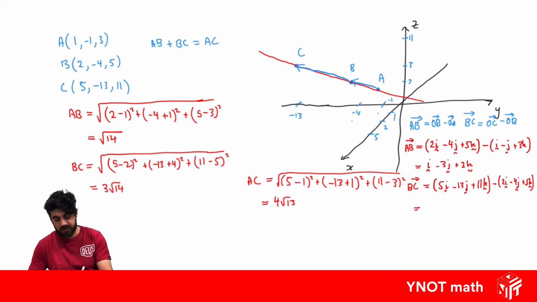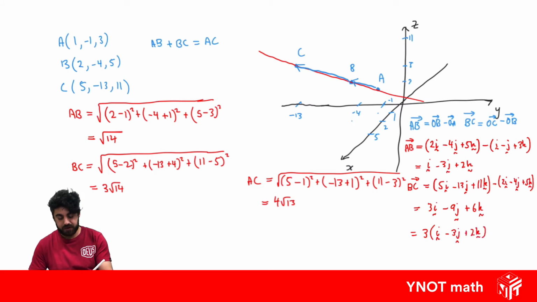And doing this subtraction, we're going to get 5i minus 2i, which is 3i, minus 13j minus minus 4j is going to give us minus 9j, and 11k minus 5k is going to give us 6k. And here we can factorize out a 3. So when we do that, we're left with i minus 3j plus 2k.